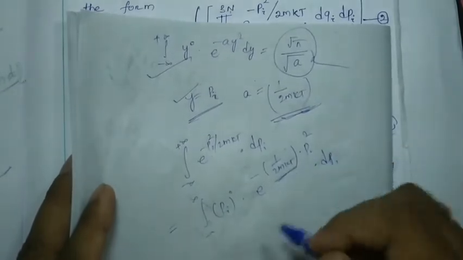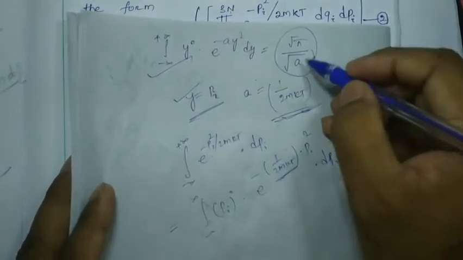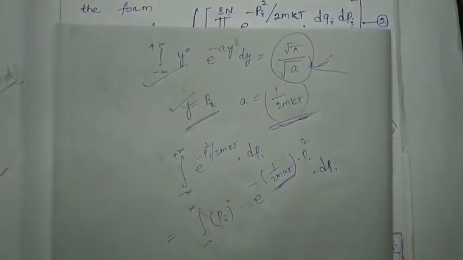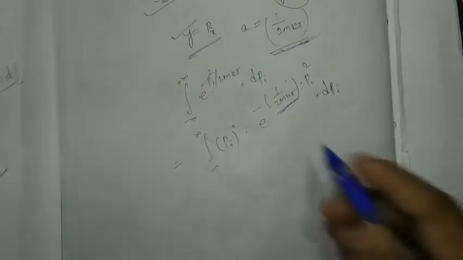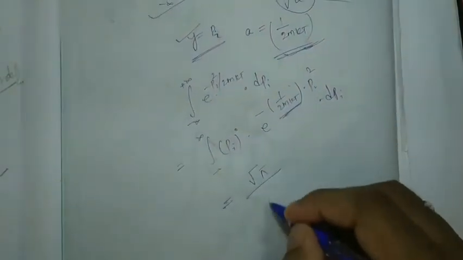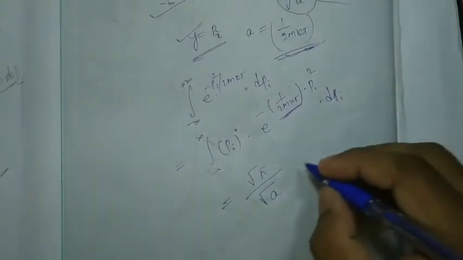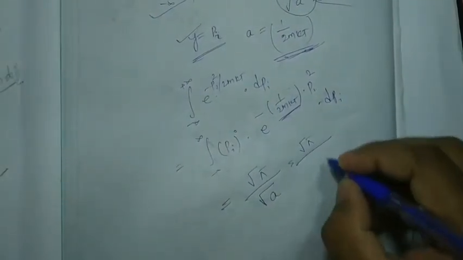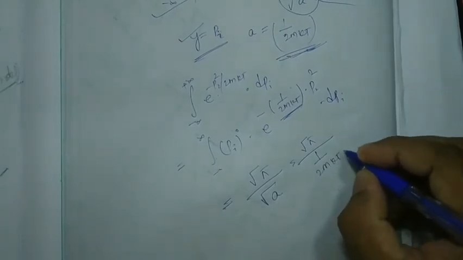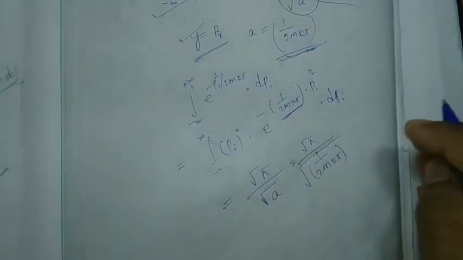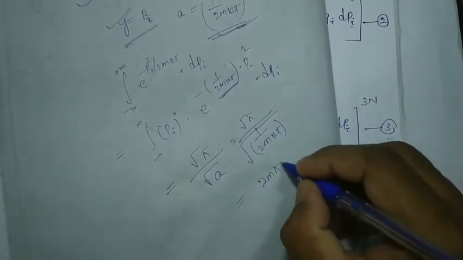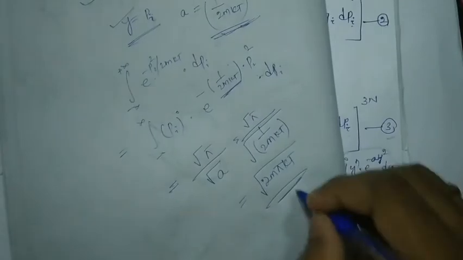So this is nothing but your a as compared with this one. So finally the value of the integral will be how much? It will be root over of pi by root over of a. That means root over of pi by a, with a being 1 by 2m kT, will be root over of 2m pi kT, right?